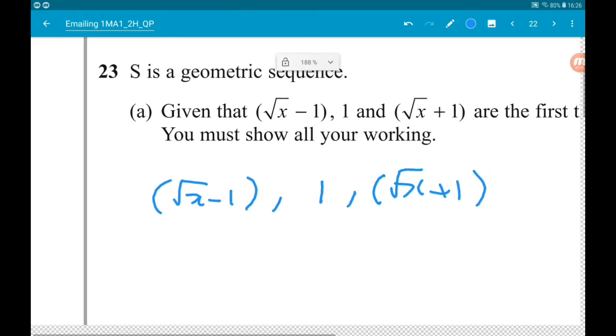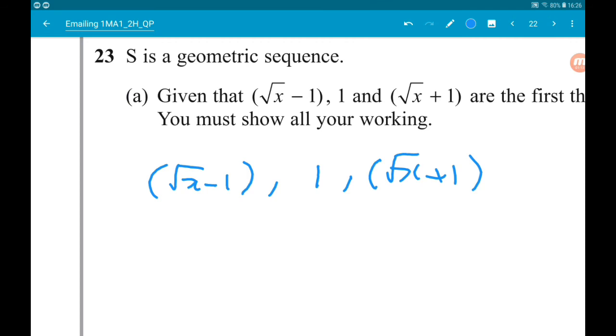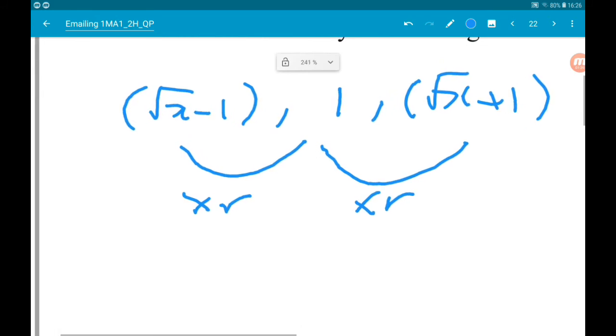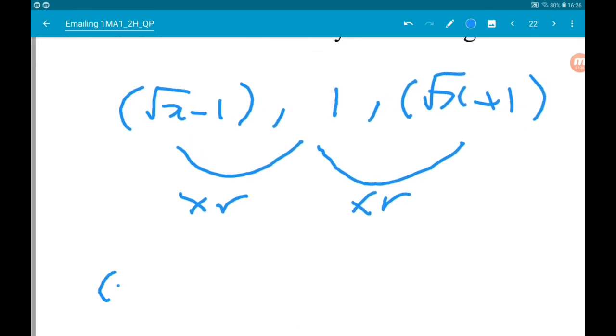Now we usually call this a common ratio, and we usually call it R. So we're going to say we are timesing by R. Now from this, then we can say that root x minus 1 times R is equal to 1.